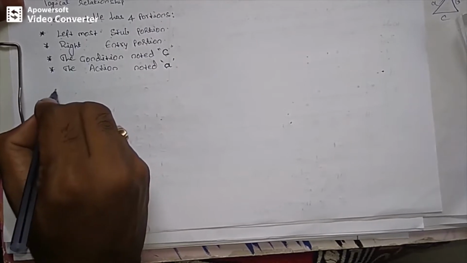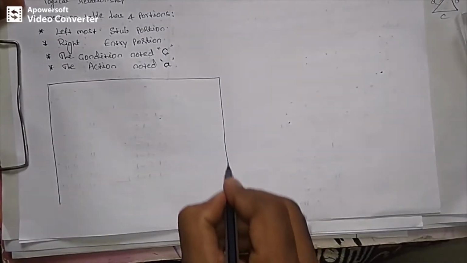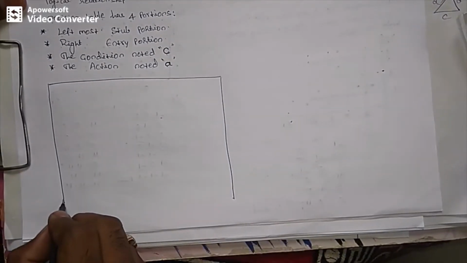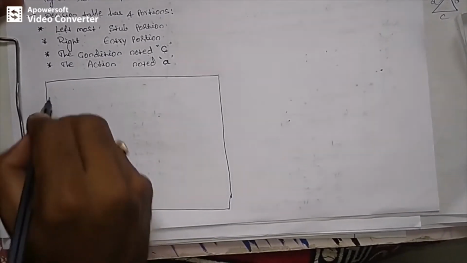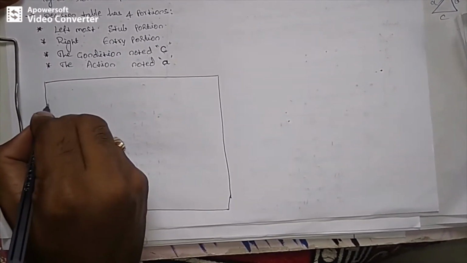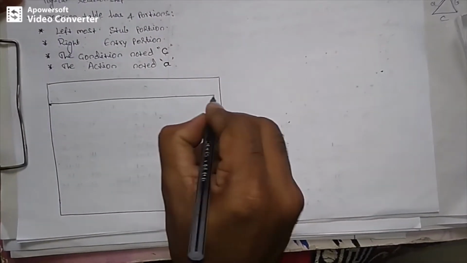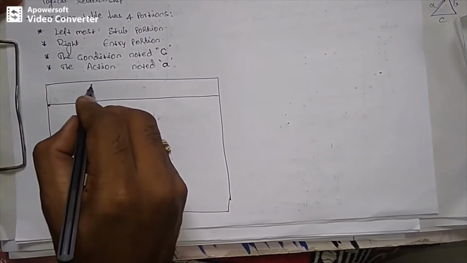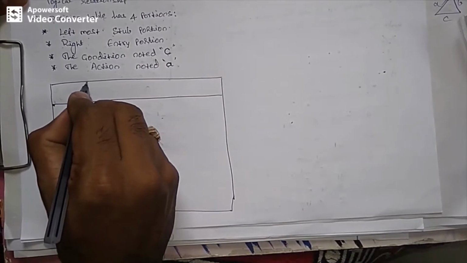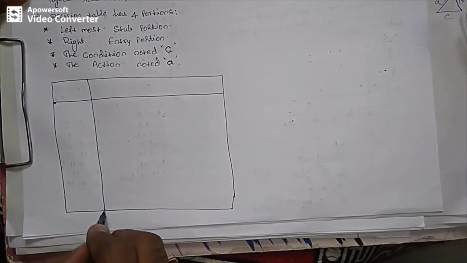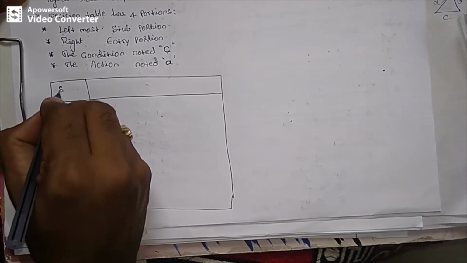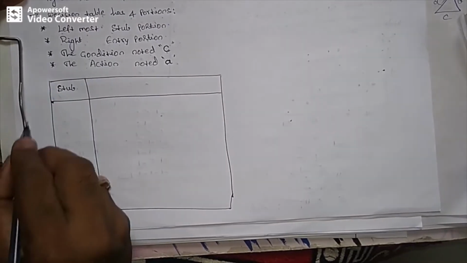Now we will draw one small example of how the decision table looks. You can see here I am going to draw a sample decision table. This is the stub portion.